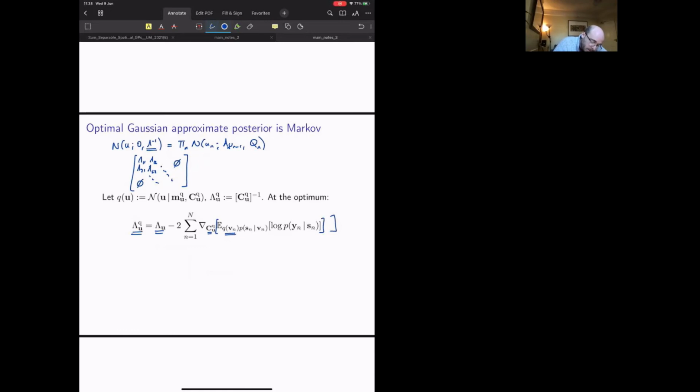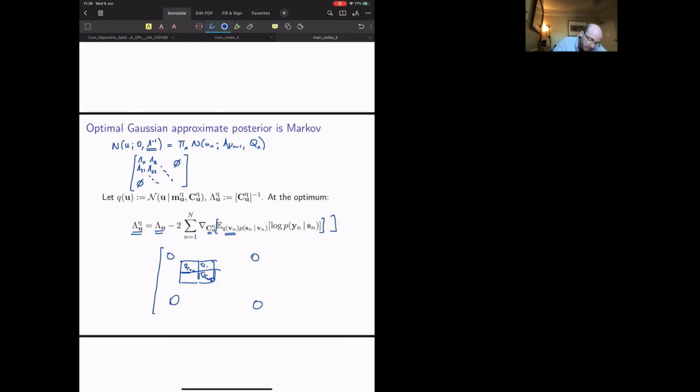That means this gradient, which is a big matrix, is zero everywhere other than a 2 by 2 block, which has the gradients with respect to the covariance of u_m and u_{m+1}. That block is really a tridiagonal block: two of the entries are on the diagonal and two are the neighboring bits.